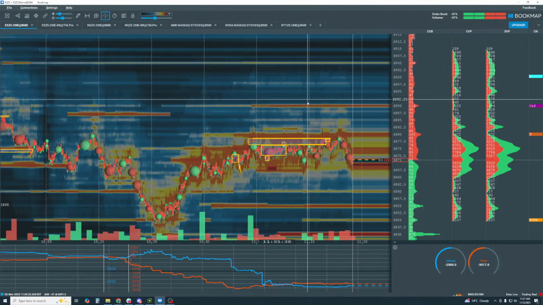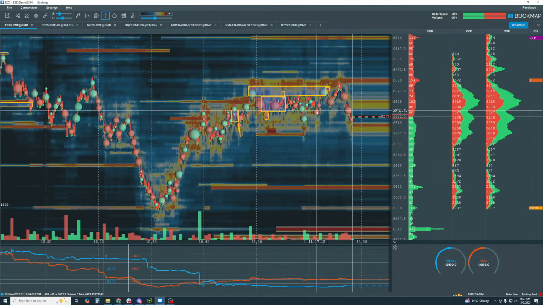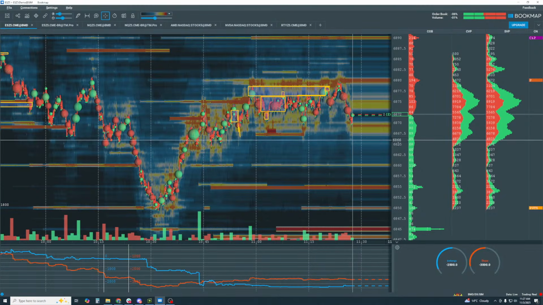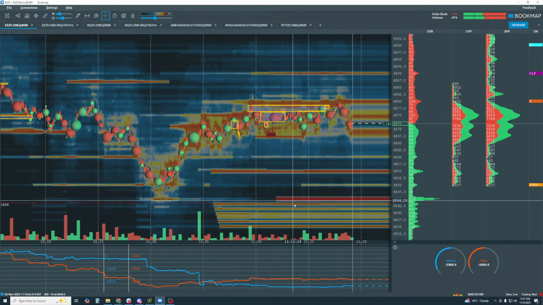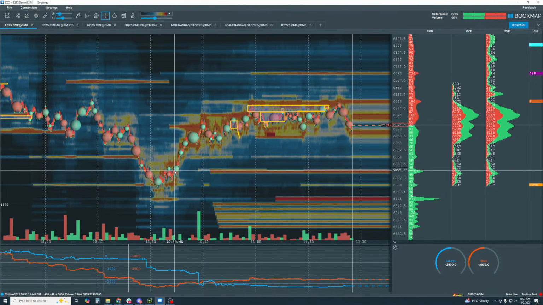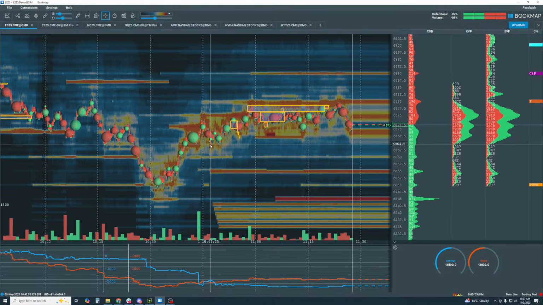Okay, so I think DNT is looking at the bigger picture in here, and he's looking for a potential move back down to all of this in here. This would be the first target, or actually this swing here would be the first one.